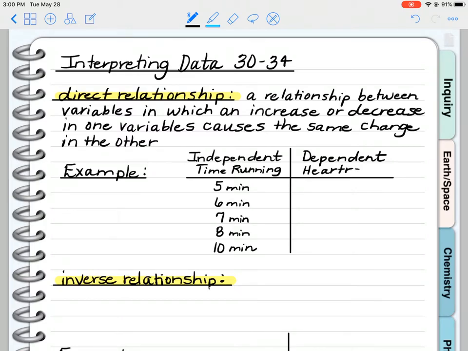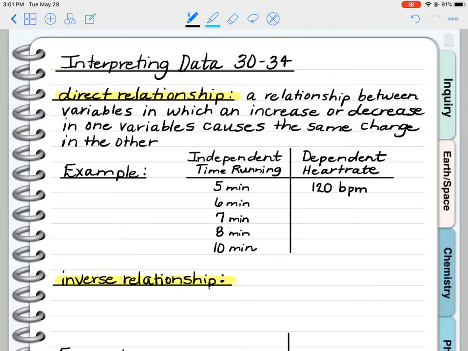So as I'm running, I will measure my heart rate or allow my watch to, and that's going to give me some idea of what's happening in my cardiovascular system when I run. So the first time I measured was at 5 minutes, and my heart rate was 120 beats per minute.